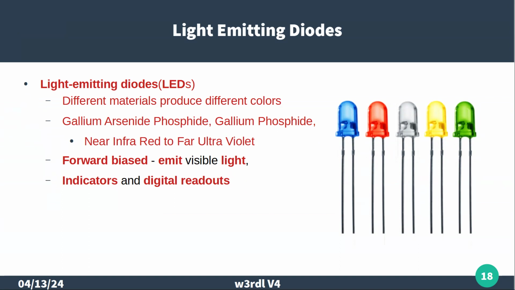It turns out that whether it's a light emitting diode or a regular diode, there's some photons emitted when that happens. And depending on the amount of energy that's released, determines the frequency of those photons.